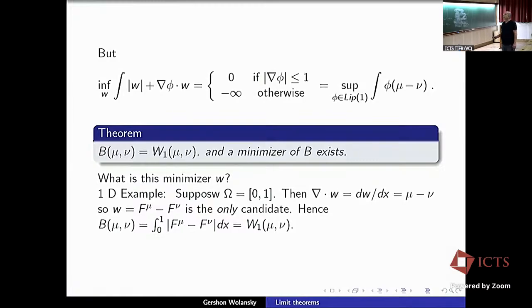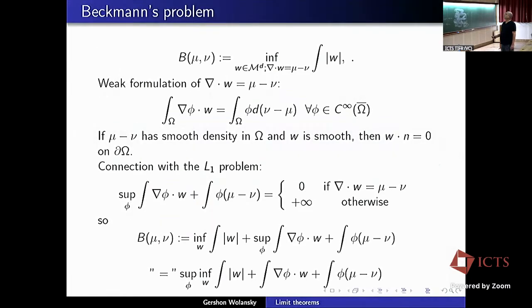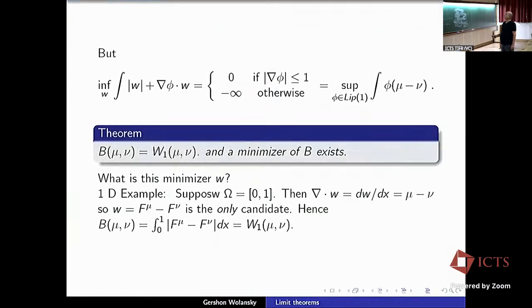So we can obtain W1 by minimizing the Beckmann problem. For example, in the one-dimensional case, we take the unit interval, and we have a W. What is the divergence of W?